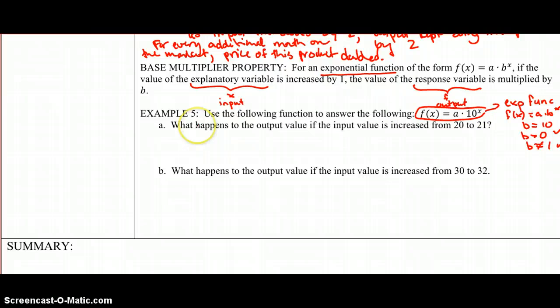Okay, so again, we don't know what that initial starting value is. So way up here, actually let's fill these in like this maybe. So when x is 0, we would plug that in, 10 to the 0 is 1, and we would get a. So we don't know exactly what that number is, but as we keep increasing by 1, we know over here, because the base is 10, we're going to keep multiplying by 10.